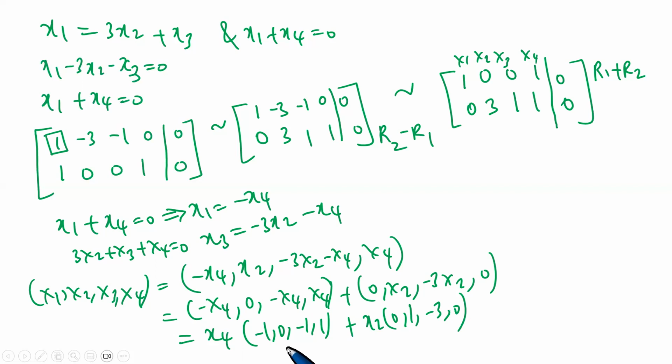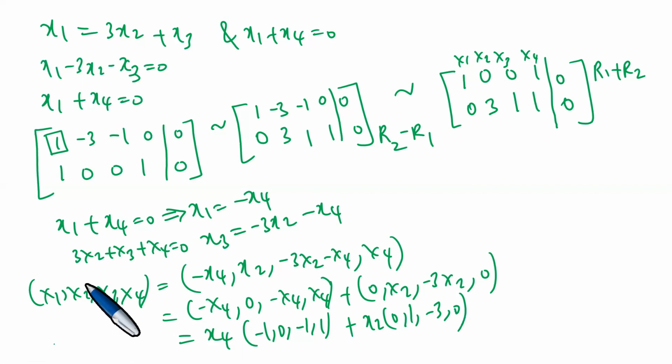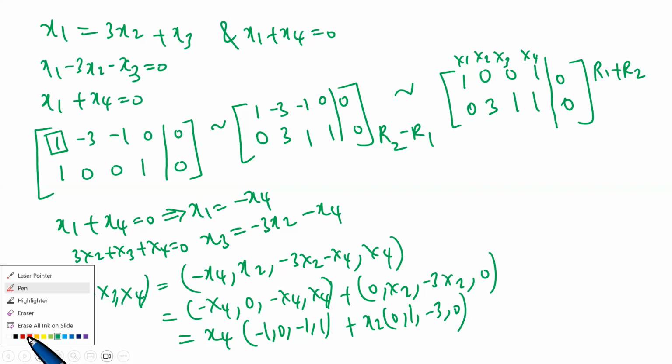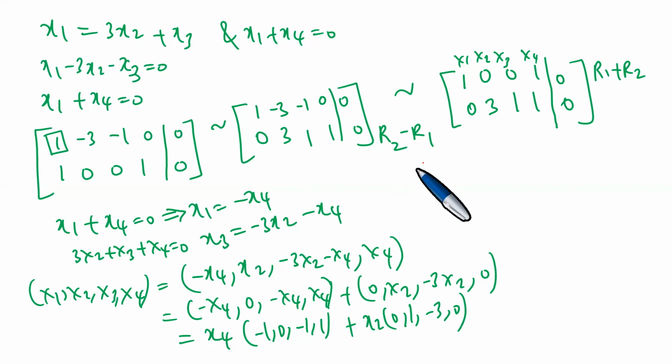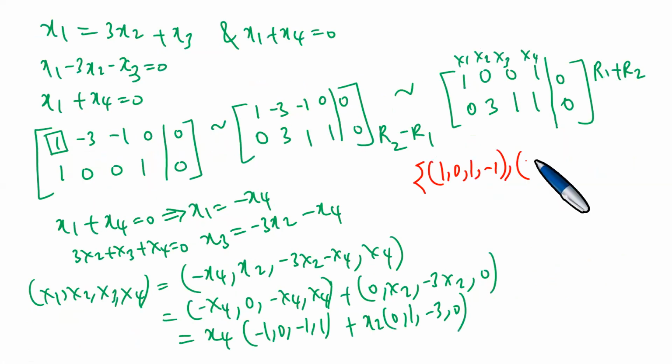So I'm going to copy the actual basis we got from here. If you get a basis, what is it? 1, 0, 1, minus 1. I'm going to write it in red. We got 1, 0, 1, minus 1, and then 0, 1, minus 3, 0.